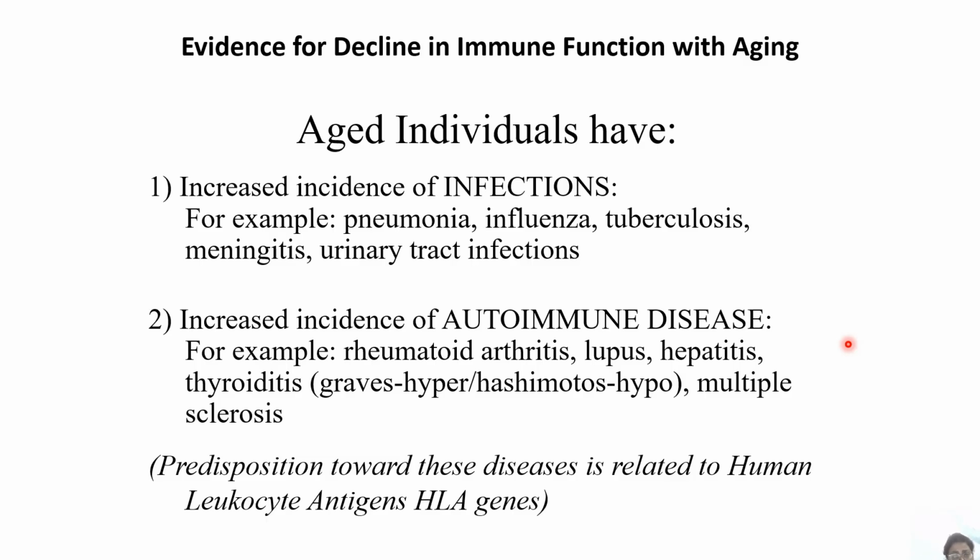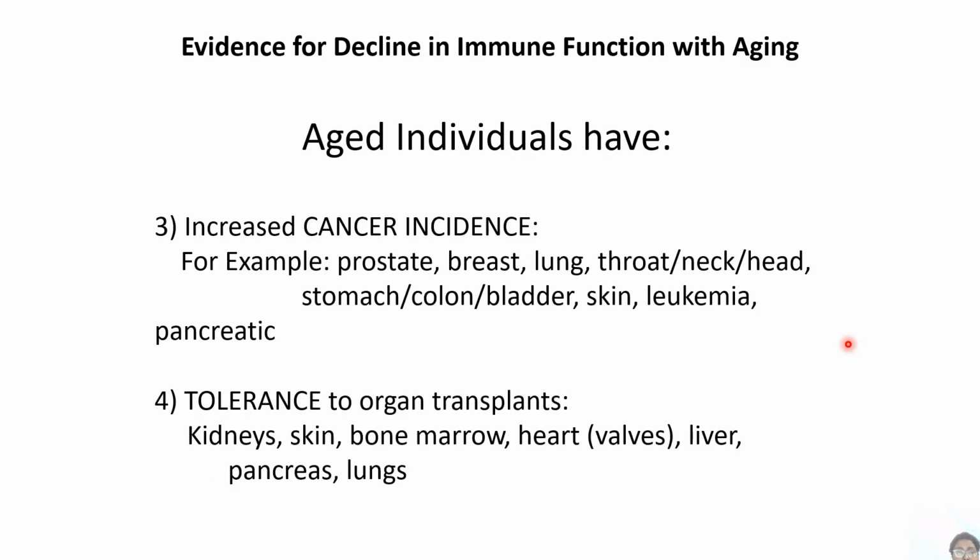Increased incidence of autoimmune diseases like rheumatoid arthritis, lupus, hepatitis, thyroiditis, Graves, Hashimoto's, multiple sclerosis, obviously. They have increased cancer incidence like prostate, breast, lung, throat, neck, head, stomach, colon, bladder, skin, leukemia, pancreatic. Then there is decreased tolerance to organ transplants like kidney, skin, bone marrow, hearts, liver.